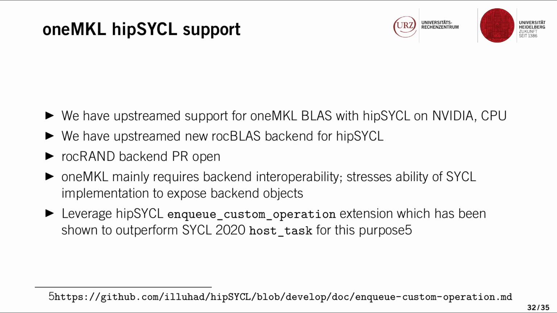So it stresses the ability of SYCL implementations to expose native backend objects from SYCL objects. And what we're doing is we're leveraging hipSYCL's enqueue custom operation extension in the implementation of this support, because this has been shown to outperform SYCL 2020 host tasks for the purpose of such interoperability operations.